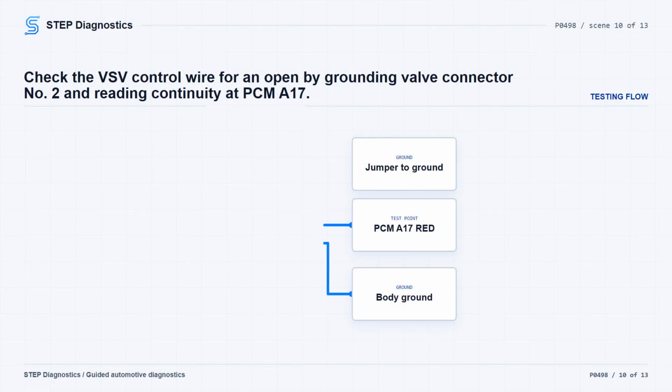For the open check on the VSV line, connect EVAP canister vent shut valve connector No. 2, the RED wire, to body ground with a jumper. With the ignition still in LOCK (0) or OFF mode, the vent shut valve connector disconnected, that No. 2 terminal jumped to ground, and the PCM connector disconnected, check continuity between PCM connector A17 and body ground.